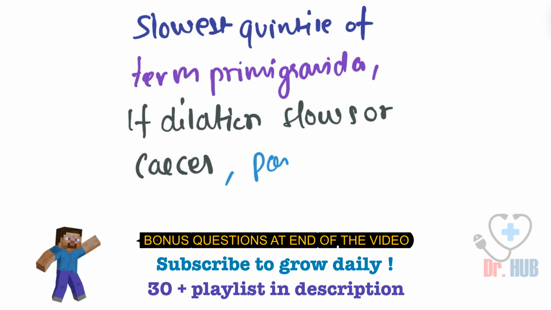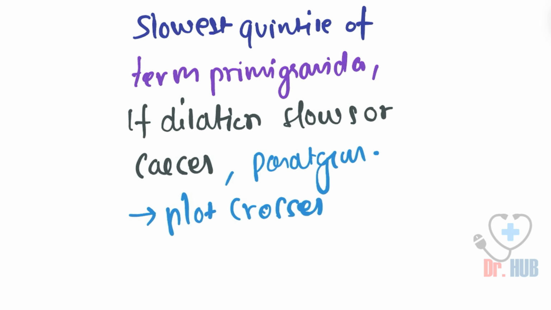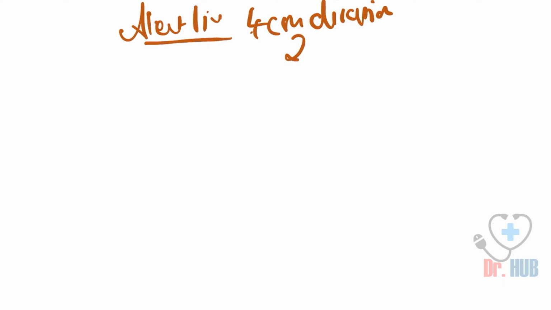The alert line is at 4 centimeter dilation, with an expected dilation of 1 centimeter per hour.